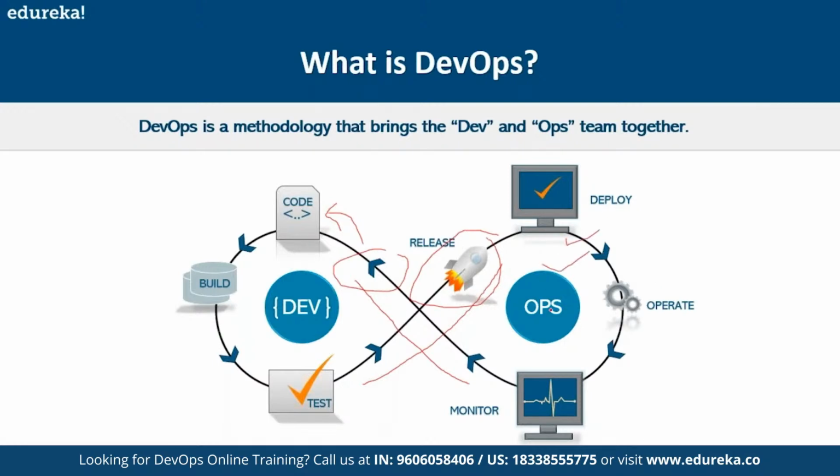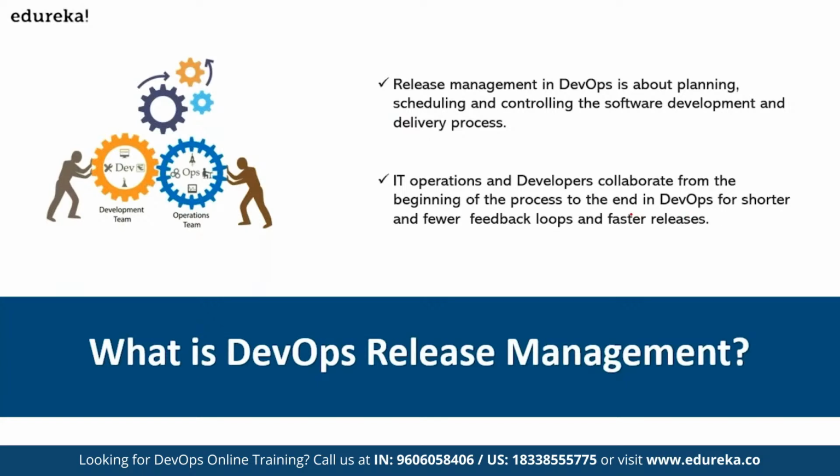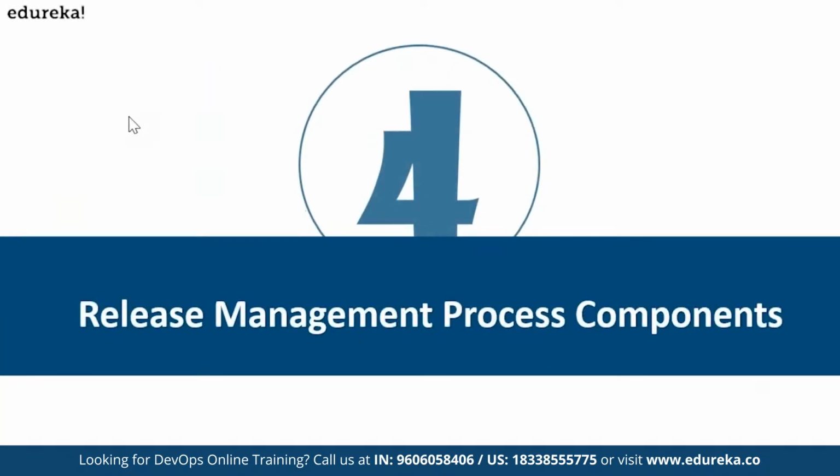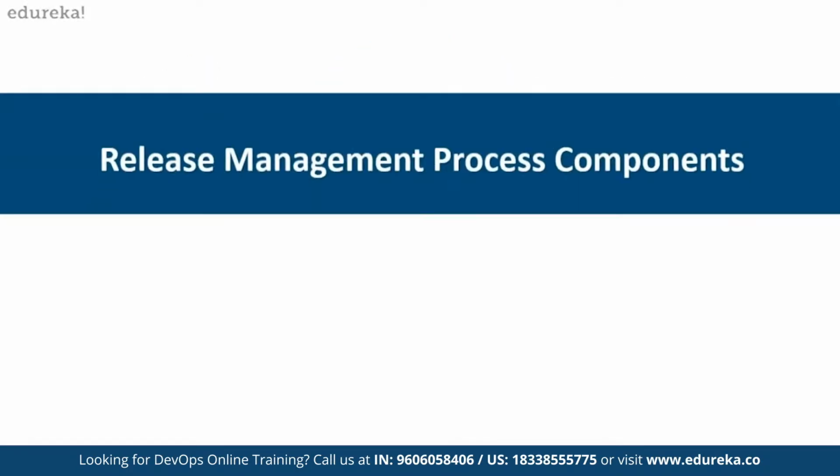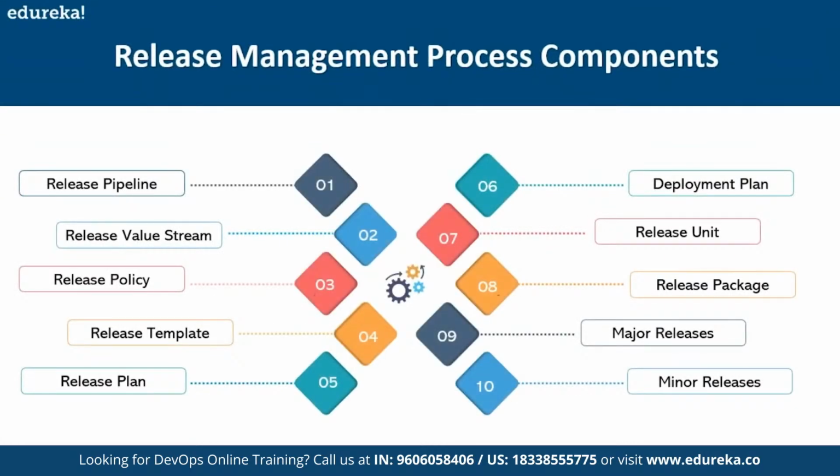These two are the critical steps for a very good software development cycle. As I said, for shorter and fewer feedback loops and faster releases, the operations and developers teams should collaborate. Those steps are managed by a release management system. So what is a release management system? It consists of 10 major components.